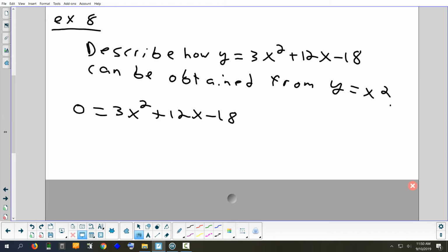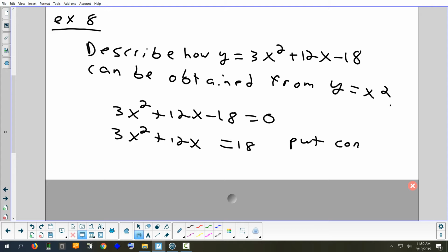I think I'm going to do it this way. It doesn't really make a difference. I just like to put the constant on the right. So that's step 1. Put constant on other side.